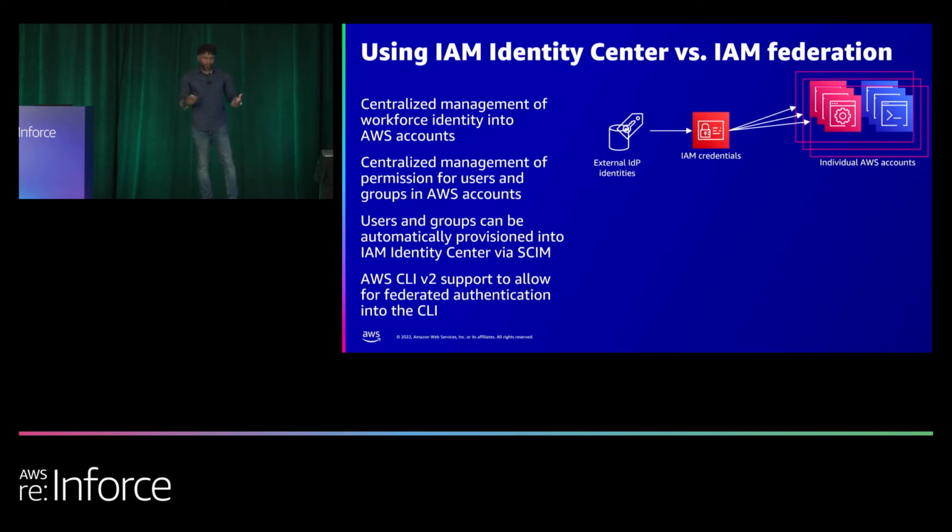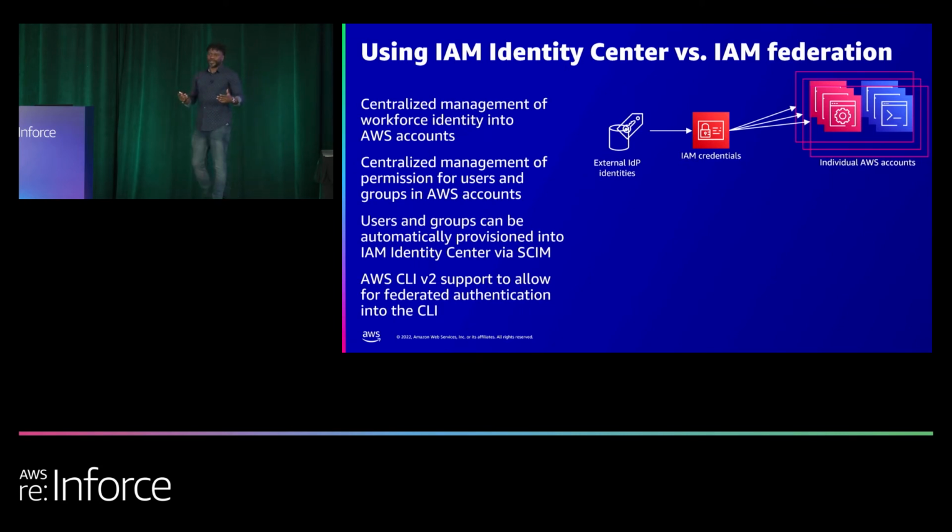And we spoke about the benefits, right? You have centralized management of permissions. You can automatically provision your users via SCIM, etc. But for me, having used both of these methods for many years, one of the key benefits here is the ability to generate short-term credentials for CLI access, right?